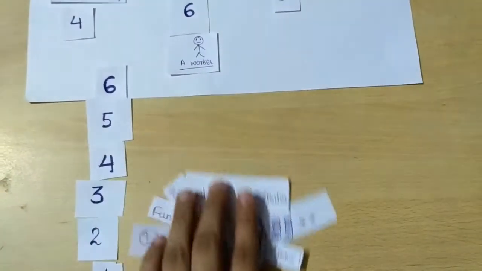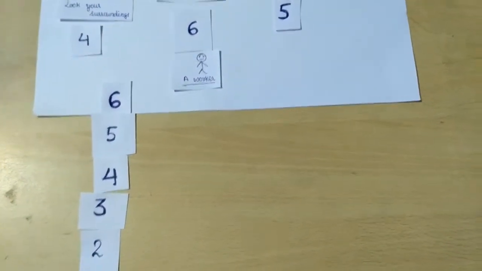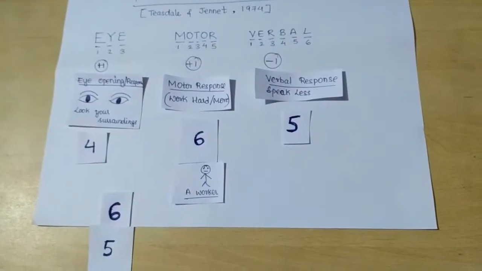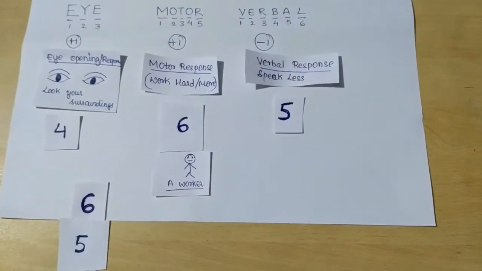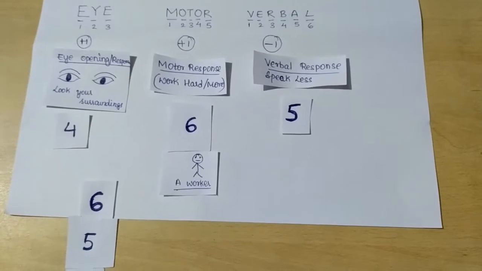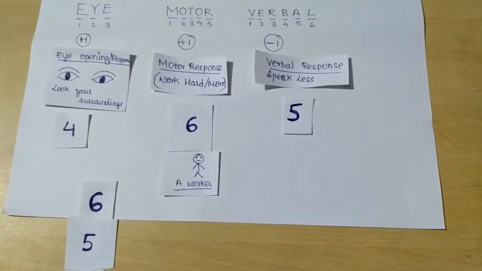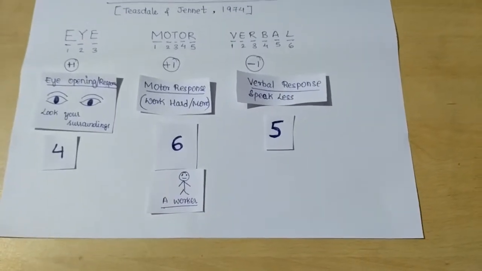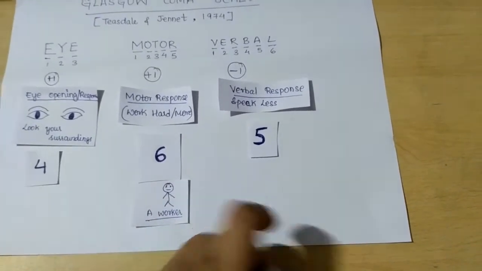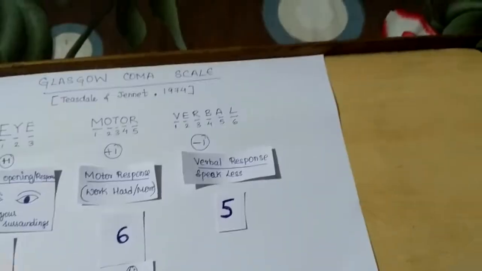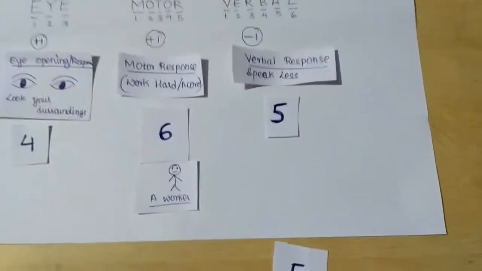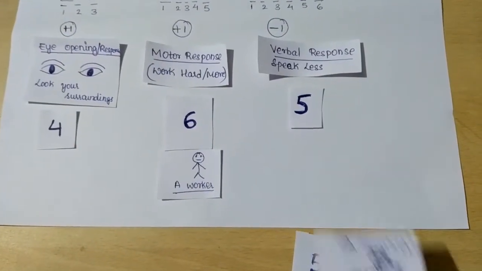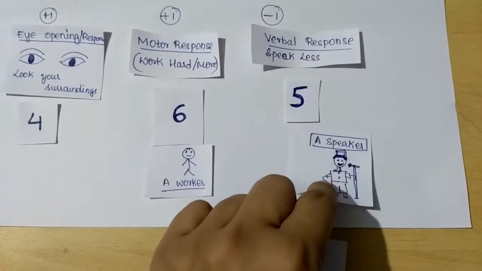After this, we will look into the third, that is the verbal part. As we know, the verbal response or speak less will have 5 grades to it. We are now seeing that one has to speak less. So who speaks more? A speaker.